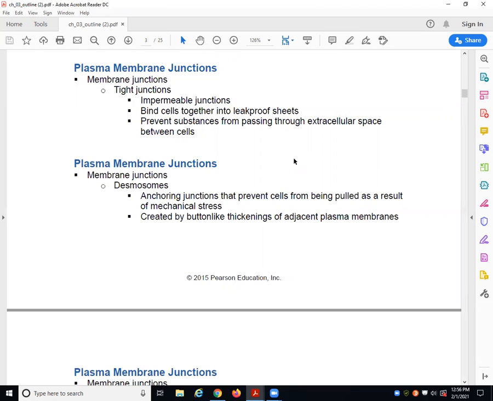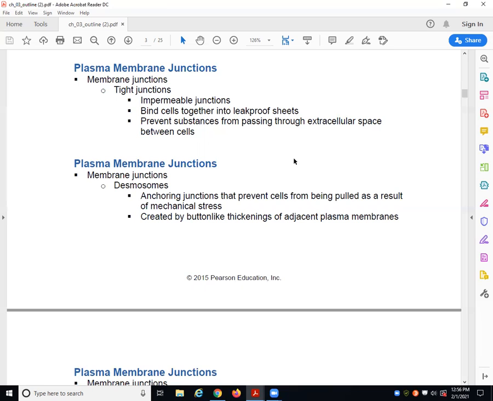So why would you want that? Here you're binding cells together or connecting them into essentially leak-proof sheets. These are cases where you don't want any leaking. It keeps substances from passing through the space outside the cell, going between the cells. So here's where you don't want things to get in and out. That's where you're going to have tight junctions.